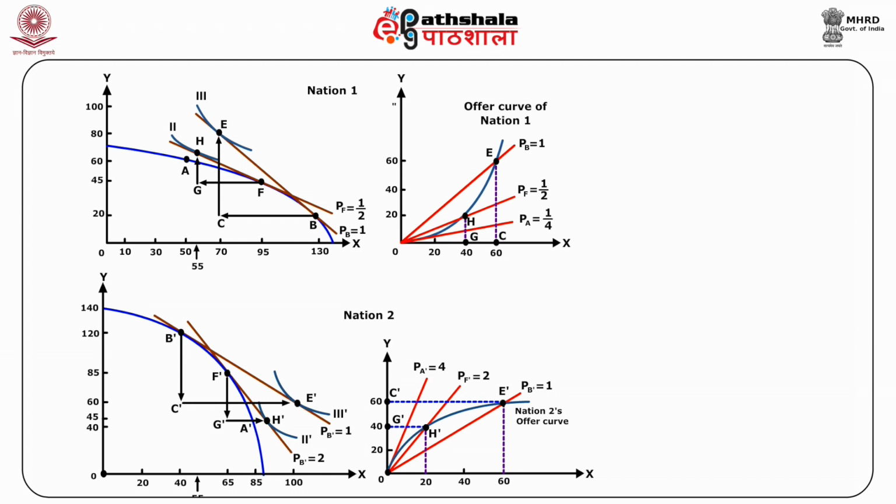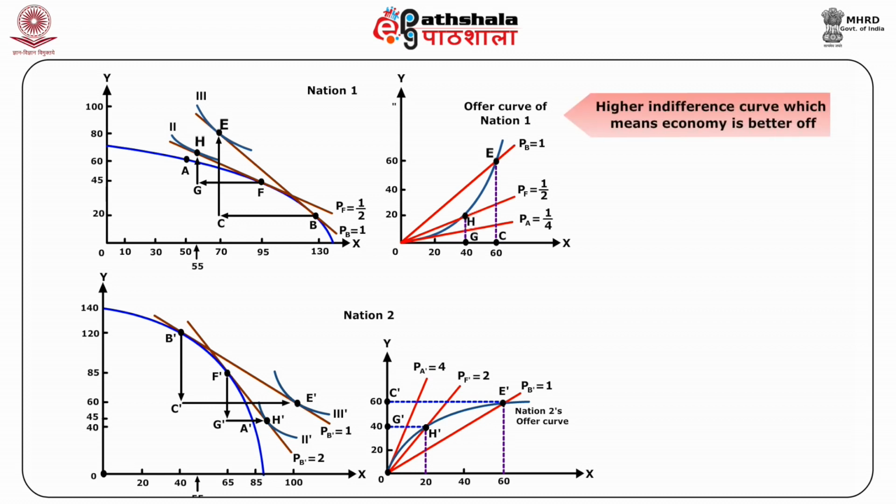The consumption point is highest possible welfare point and is determined by the tangency of ISO value line on the indifference curves. With an increase in the relative price of the export commodity to import commodity, the ISO value line gets steeper and production point changes.